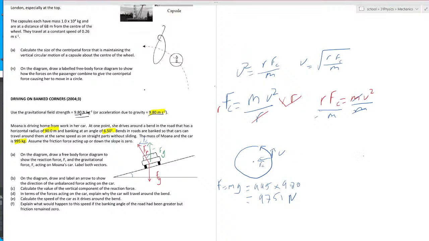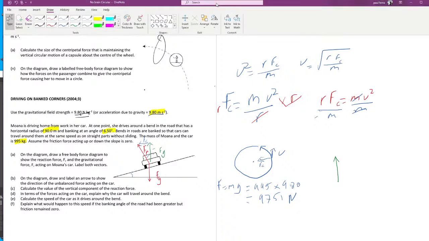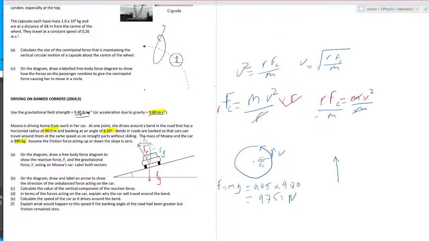Okay, so I'm going to do my little bit of trig over here. This is my weight force, or rather the horizontal component of the vector force diagram that I'm doing on the car over here.